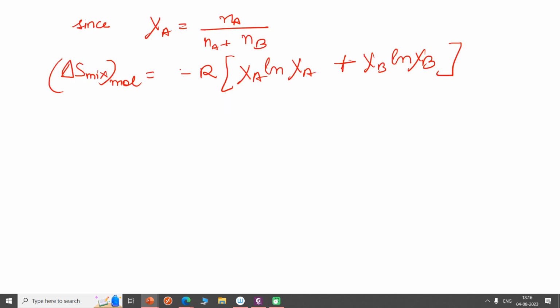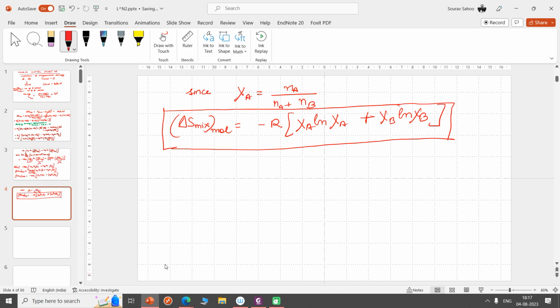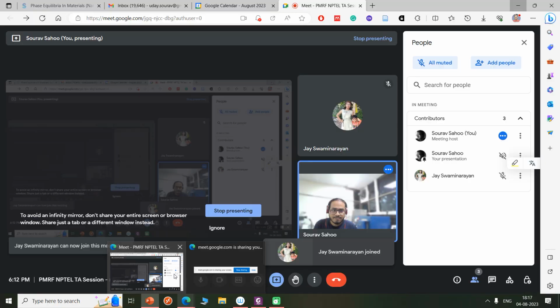So this is what we get, and this is called the configurational entropy term. So this is the reason why nature prefers systems in the pure state, because a small amount of solute in the solvent actually increases this term because of the disorderness, and that's the reason we have lower free energy upon mixing solute in the solvent.